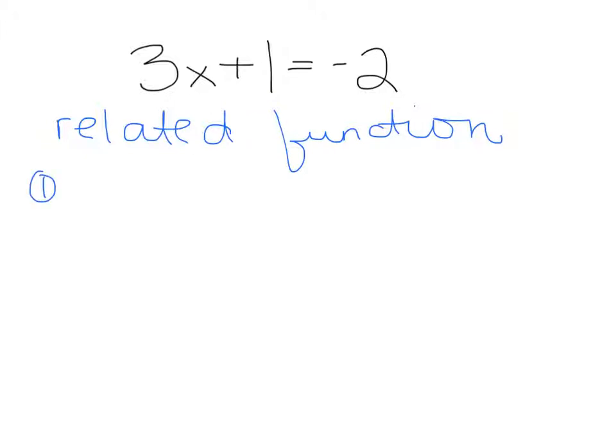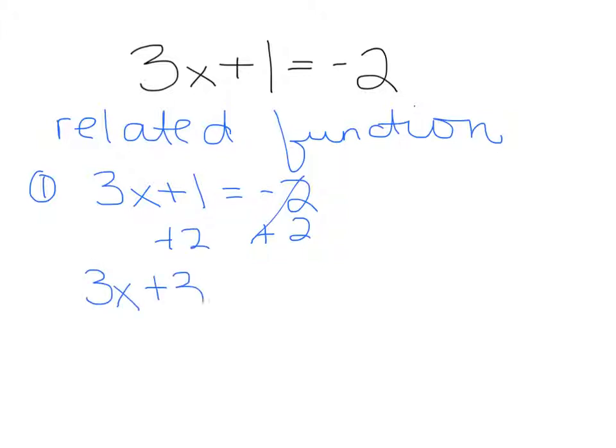We need to get this set to 0. So to do that, if we add 2 to this side, we add 2 to this side, we have 3x plus 3 equals 0. So we've set our equation to 0. So now we have the function f(x) equals 3x plus 3.